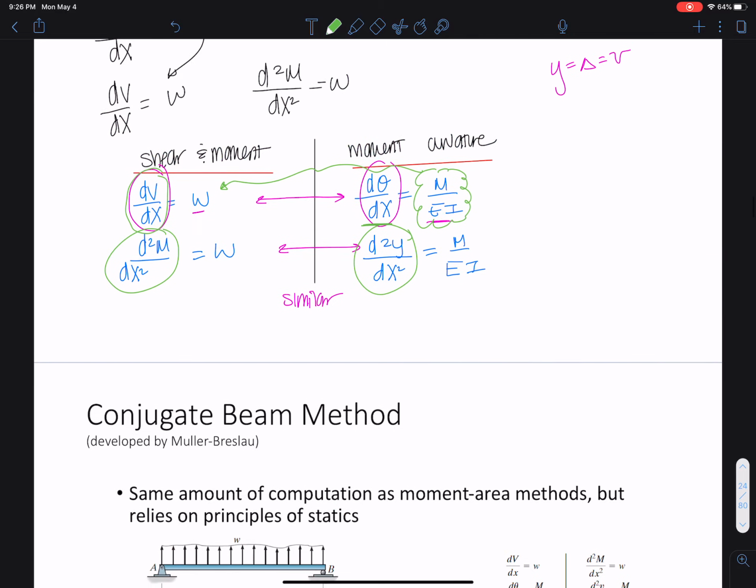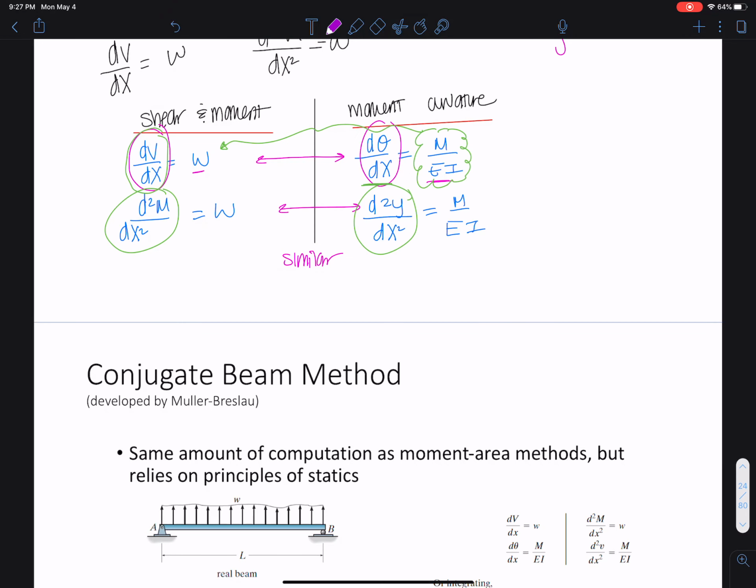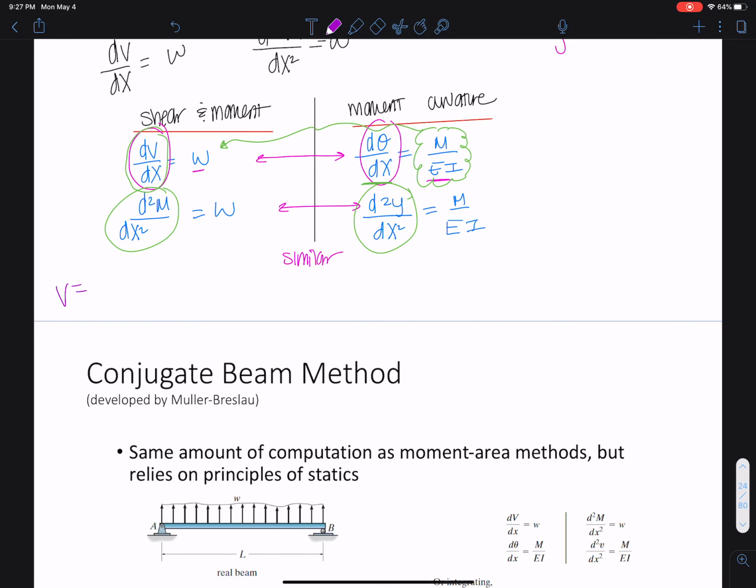Okay, so let's continue. Let me write this last part out in case you didn't make the connection, just to try one more time. So we're saying that V is equal to the integral of the load dx. This is similar to theta, the rotation, the integral of M over EI dx. And we have M equals the double integral of the load dx.